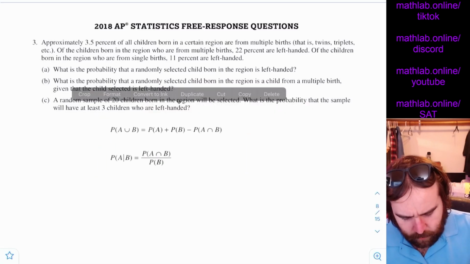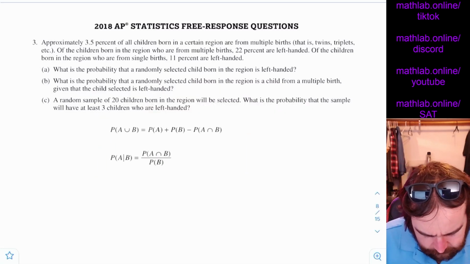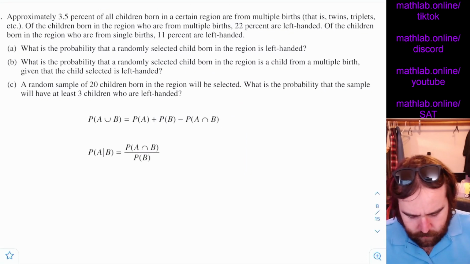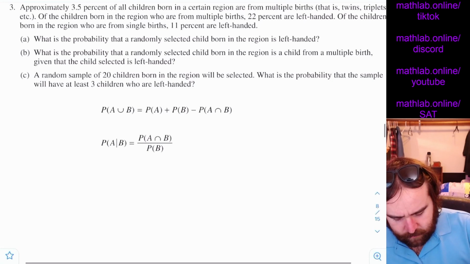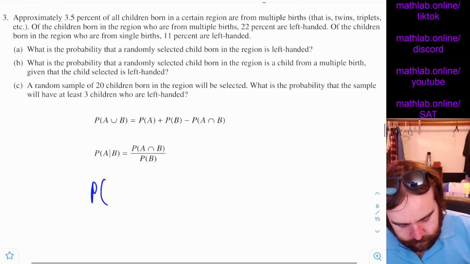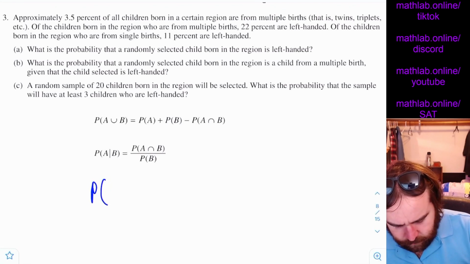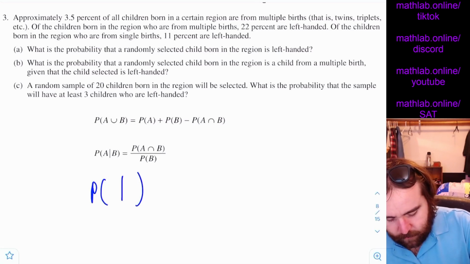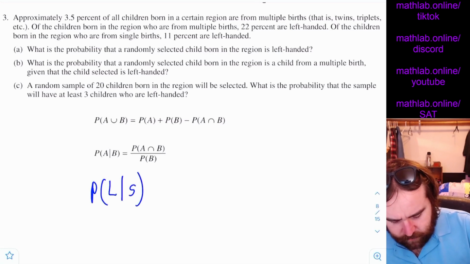All right. So what do they give us here? They give us some givens, right? Of the children who are from single births, that many are left-handed. So they tell us the probability of left given single.